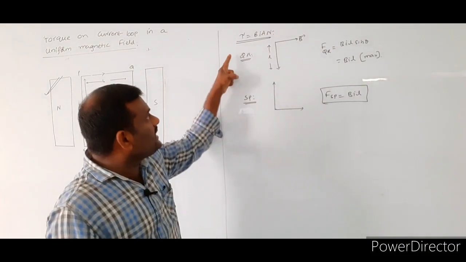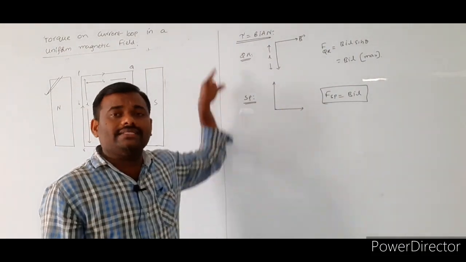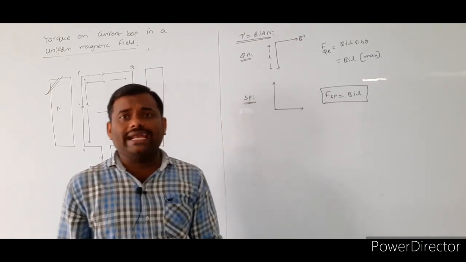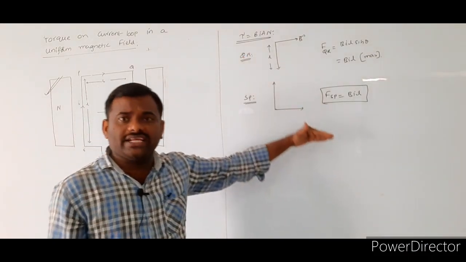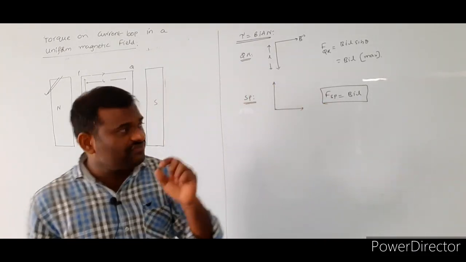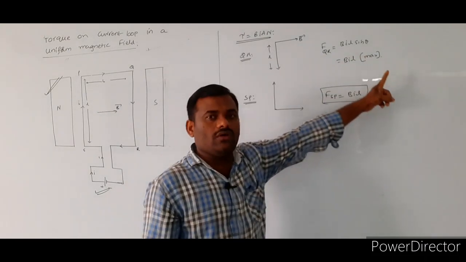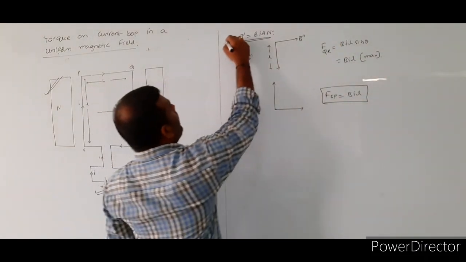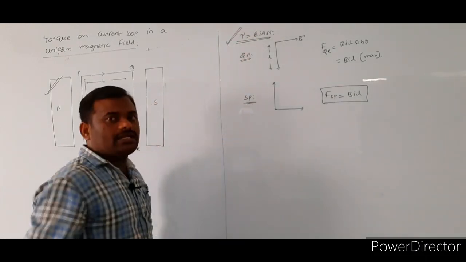So the sides QR and SP, being perpendicular to the direction of the magnetic field, experience the maximum force. That maximum force value is equal to BIL. Now, here I want to derive the expression for the torque.